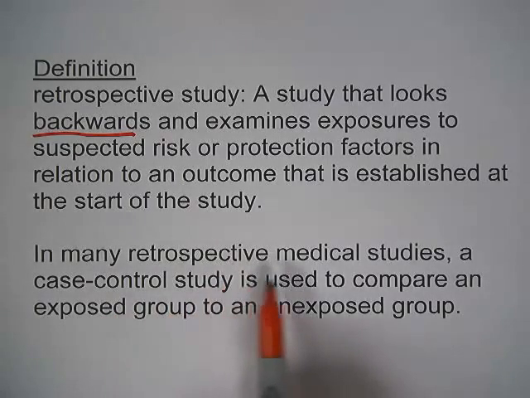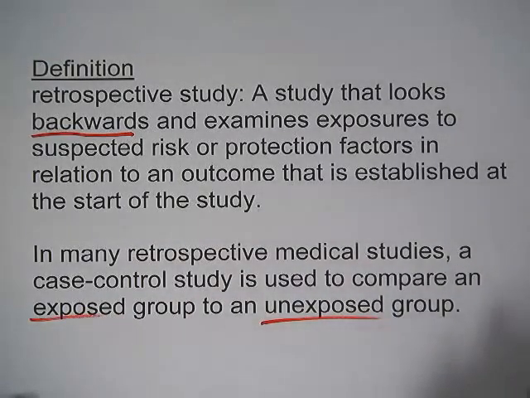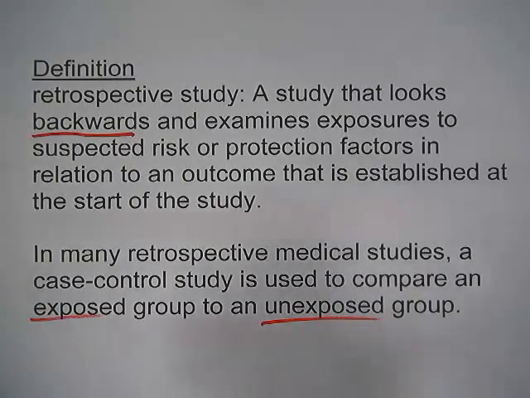So in many retrospective medical studies, a case control study is used to compare an exposed group to an unexposed group. In that historical example, the exposed group was the smokers, the unexposed group was the non-smokers.